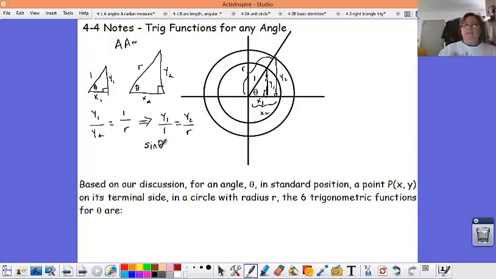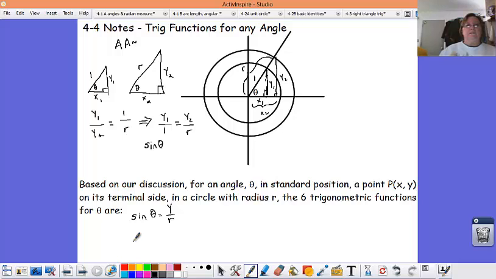So based on this discussion of similarity, for some angle theta in standard position, which has a point P on its terminal side, radius of r, the 6 trig functions can be defined this way. The sine of theta will equal y over r. It does not matter how big the radius is. It's the side opposite divided by the radius.